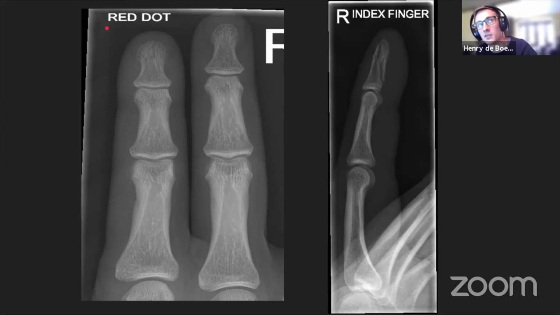The radiographers are usually quite good, so if they say red dot and overnight you're looking at the film and you can't see a fracture, if you're very confident, then you can disagree. But particularly if you're quite junior and not sure, go and ask the radiographer what they'd seen, because they take lots of these films and get quite used to spotting abnormalities.